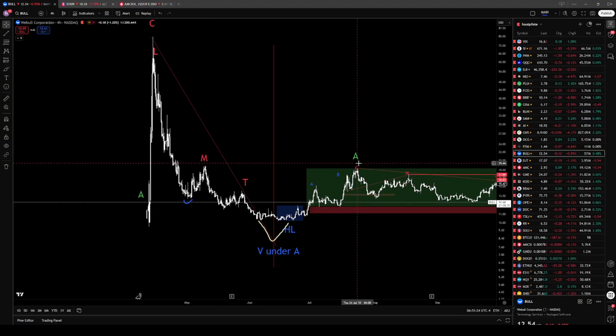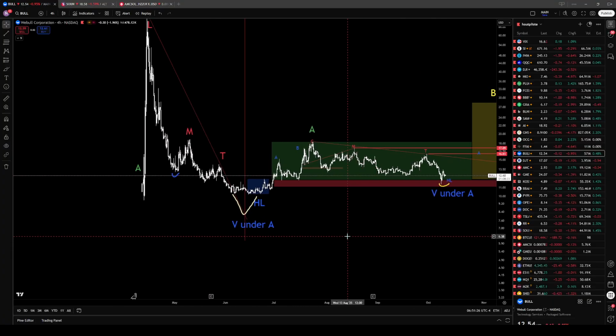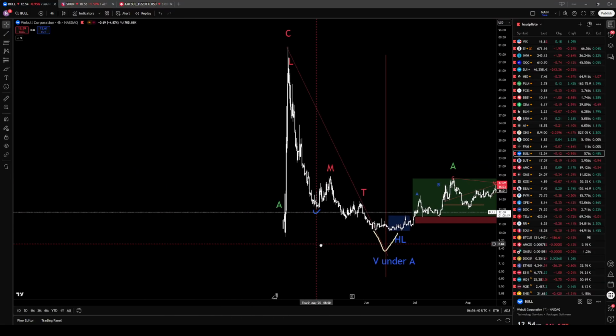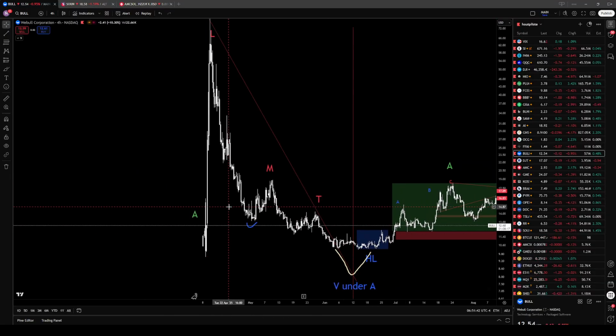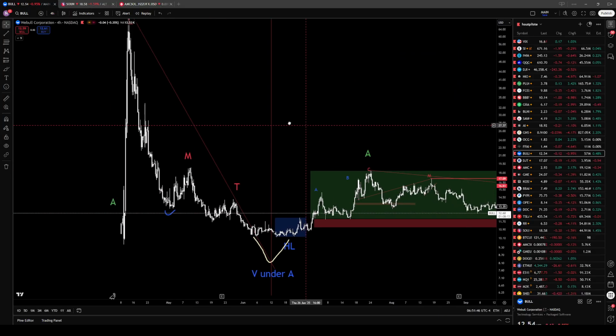This here is your big A. This whole thing is this pullback. We are way slower right now than back then. But right now, if the bullish tracking is right, this would be your V. And this price action would be our future right now.